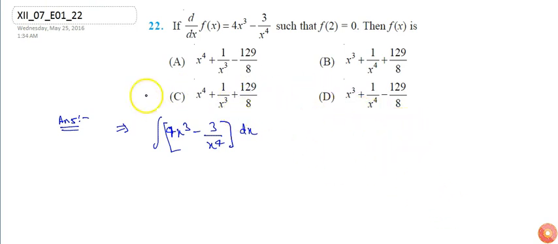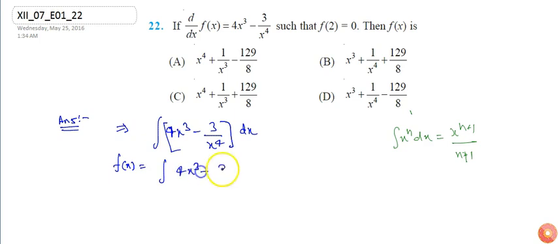Now we know that the integration of x^n dx equals x^(n+1) by (n+1). So f(x) is the integration of 4x^3 minus 3x^4 dx.